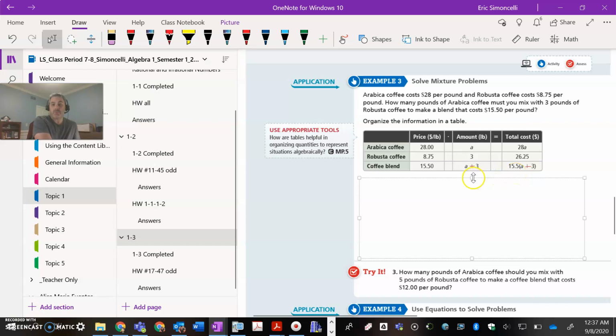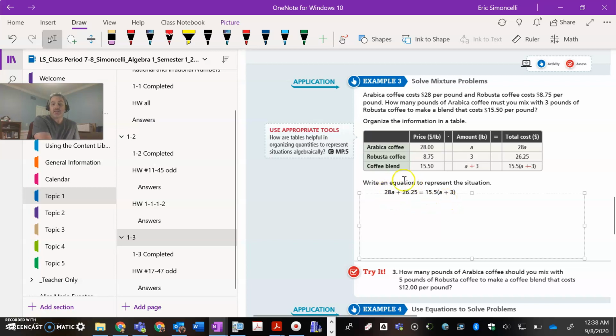As we continue, it says write an equation to represent the situation, which we're about to do here and highlight. So you can set up the equation as such: 28A plus 26.25 equals 15.5 times the quantity A plus 3.